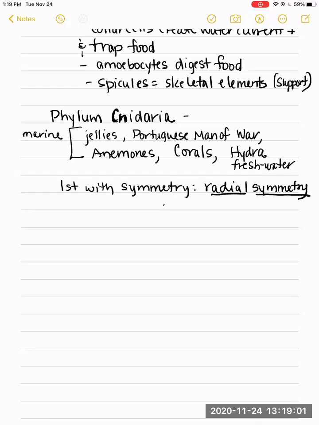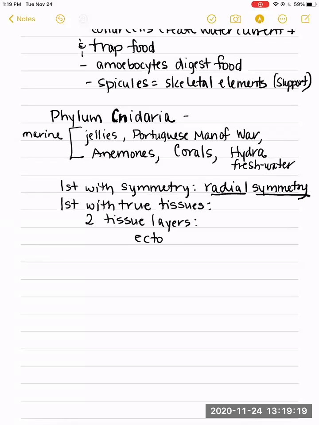Not only are they the first with symmetry, they're the first with true tissues. And all of their structures are formed from two tissue layers in embryonic development, the ectoderm and the endoderm. They're missing a third tissue layer called the mesoderm.